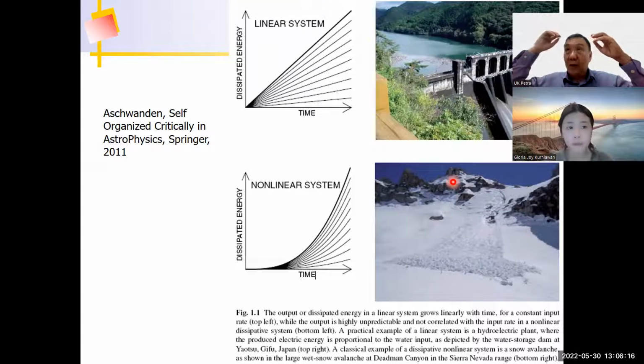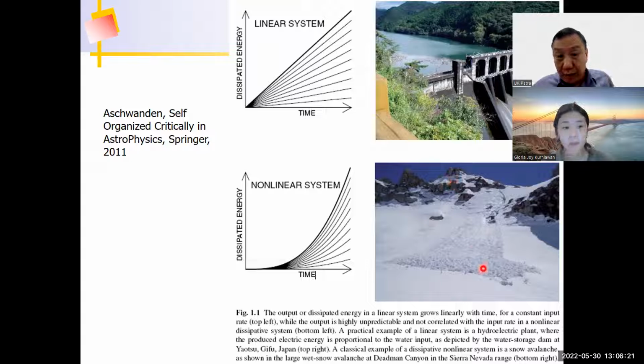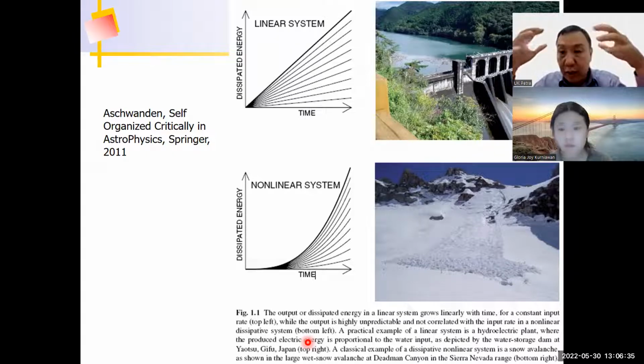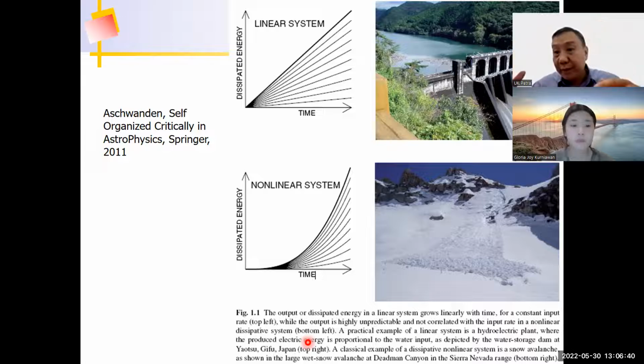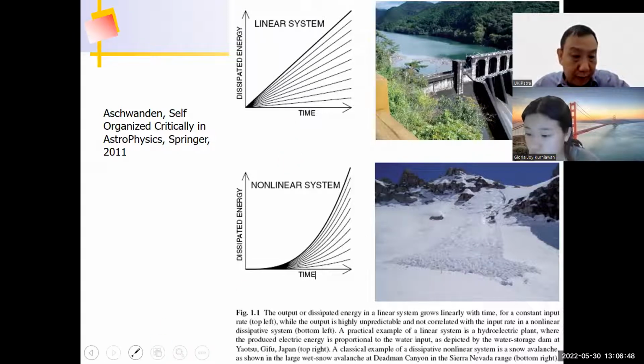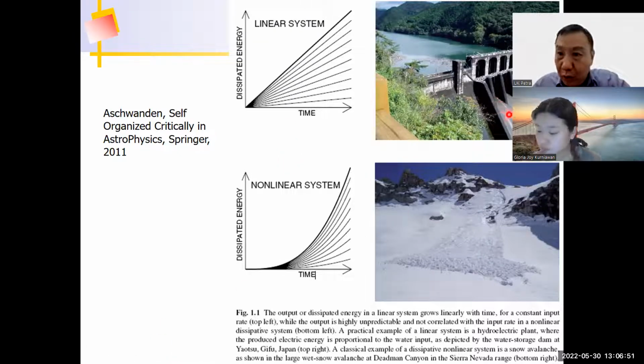Suddenly you have a snow avalanche falling down. This is an example of a nonlinear system. Snow avalanches happen because small snow becomes wet, accumulates and becomes large, and then suddenly it falls and creates an avalanche. In fact, the turbulence of water is also nonlinear.